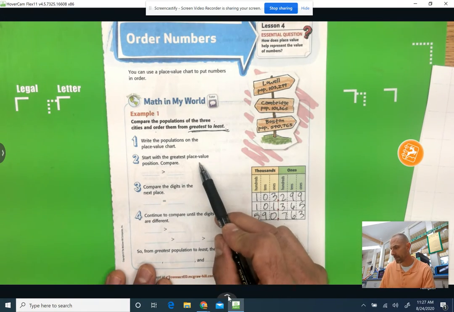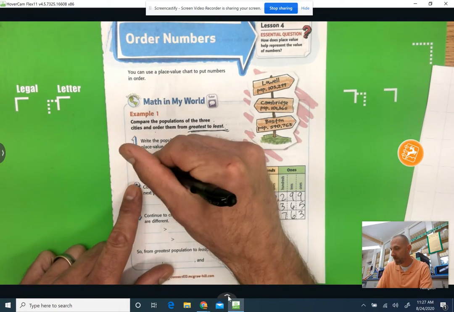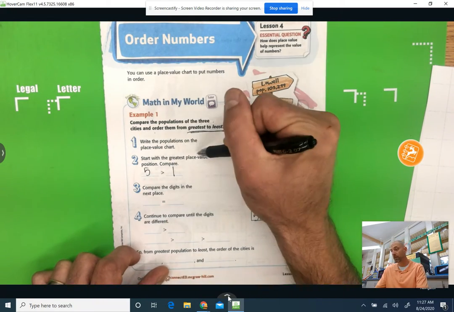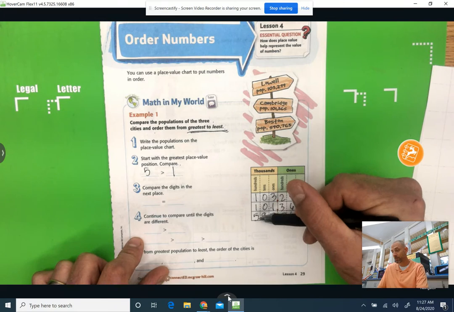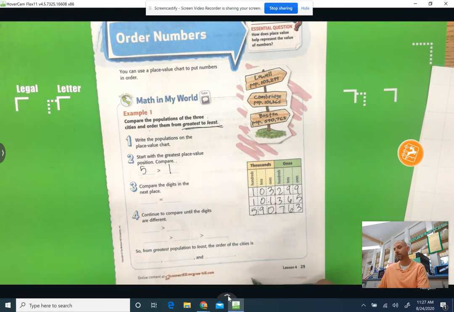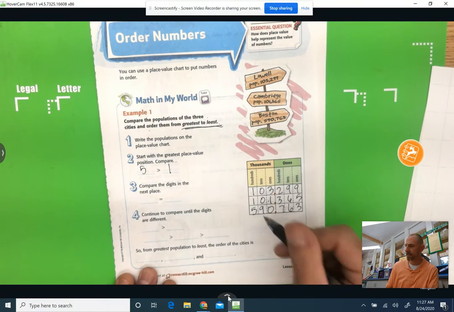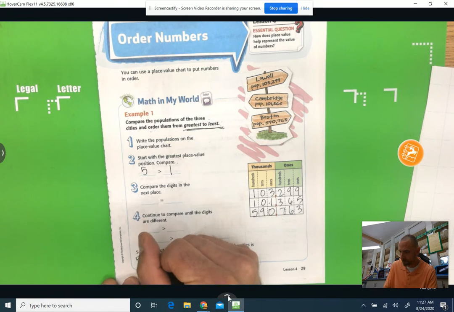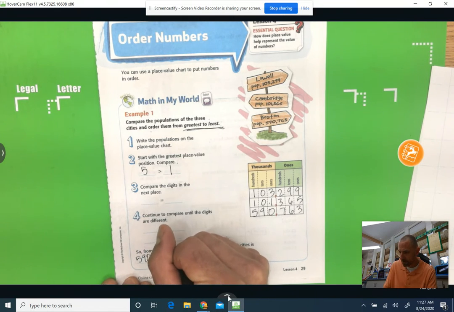So the 5 here is greater than 1, in the greatest place value position. That's what we're comparing, a 5 to a 1. Compare the digits in the next place. Okay, so 590,763 is our first largest.